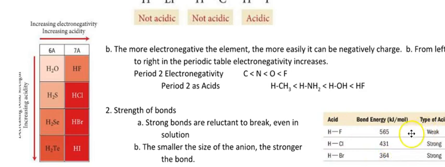So HF is a weak acid, a strong weak acid, but still a weak acid. But notice that HCl is strong, and HBr is even stronger than HCl. Why? Because the bond energy to break the H off the Br takes less energy than HCl. So the smaller the size of the anion, the stronger the bond. The larger the size of the anion, the weaker the bond and the more acidic it's going to be.